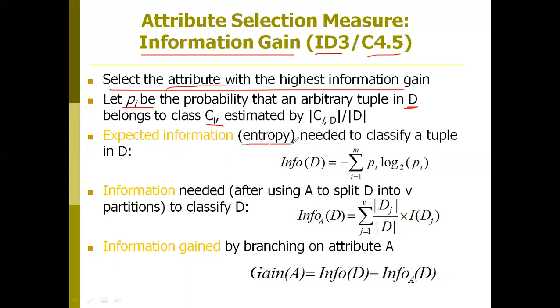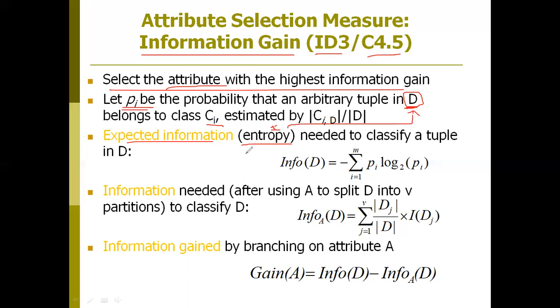This equation is called the entropy equation. Entropy is represented by capital I, and this is also called the expected information formula. Entropy is calculated on the total data set, whatever we have.